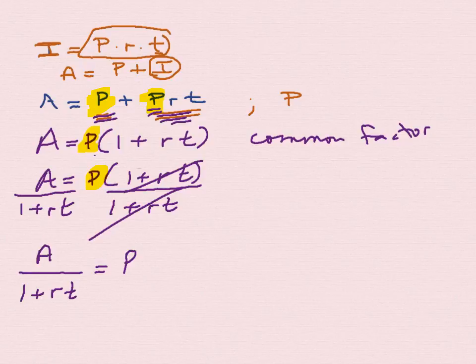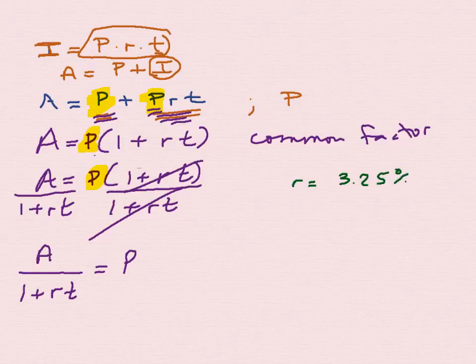So how does this apply to a question? Let's just say that you wanted to know how much money you put into an investment vehicle type situation if you know the rate was 3.25%. This is straight out of your booklet.